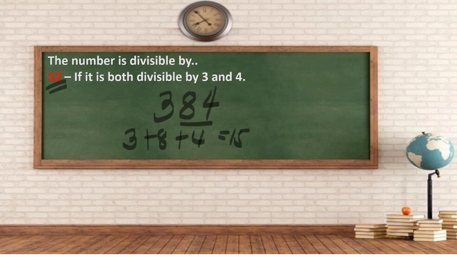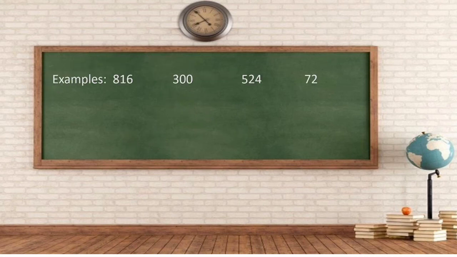Okay, more example. 816. So 8 plus 1 plus 6 is equal to 15. So this is divisible by 3. And the last 2 digits are also divisible by 4.